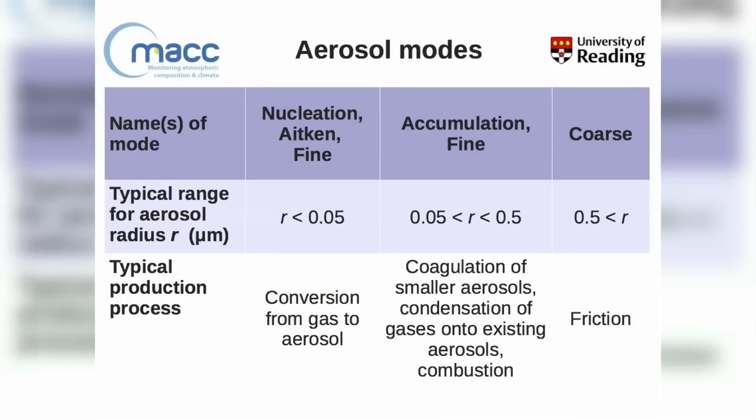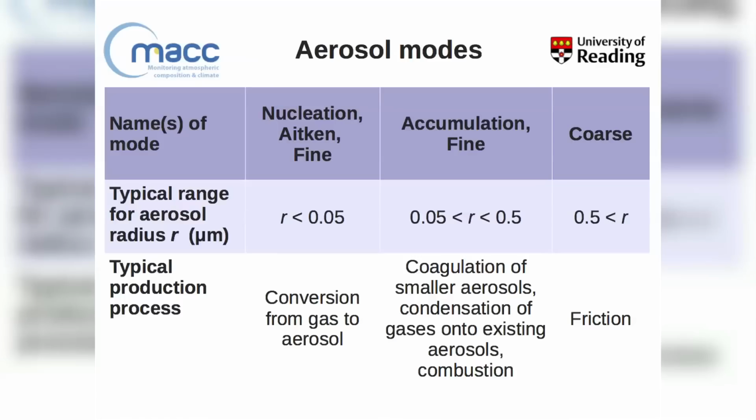First, starting with the smaller particles, by convention we tend to put the limit at 0.05 microns, so that's 50 nanometers. This mode is named the nucleation or Aitken or fine mode, depending on the paper and the scientist you talk to. Typically, those particles originate from conversion from the gas phase to the aerosol phase.